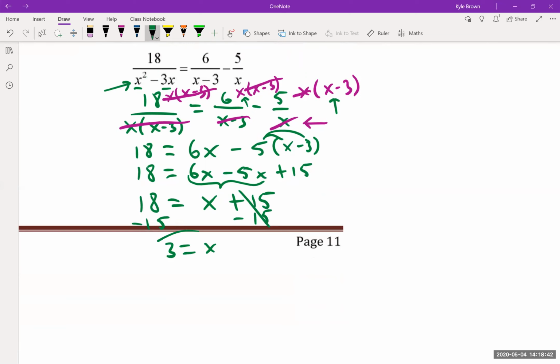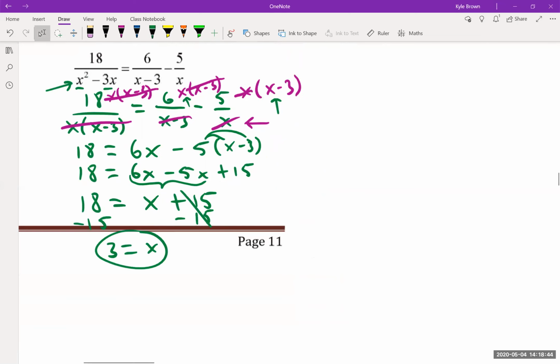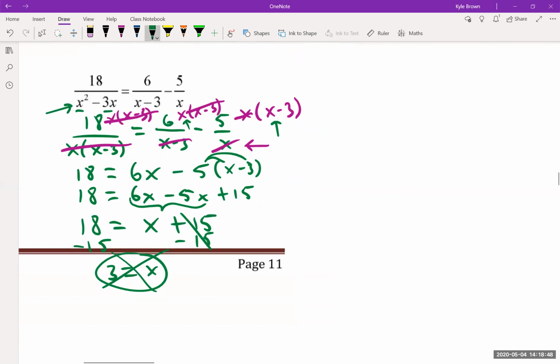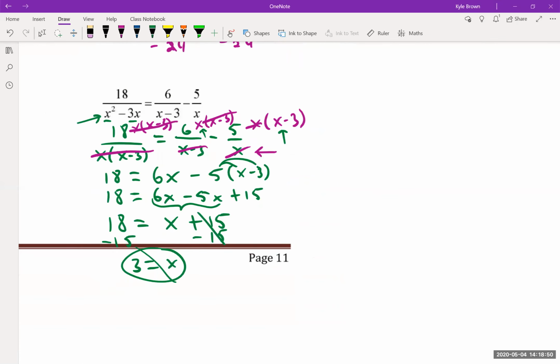All right, so you'll say, yay, we got 3. There we go. That's the answer, right? Wrong. That's not the answer. If I go back to the beginning when I was setting my restrictions, if I tried to put the 3 back into this equation, that's going to be 3 minus 3.